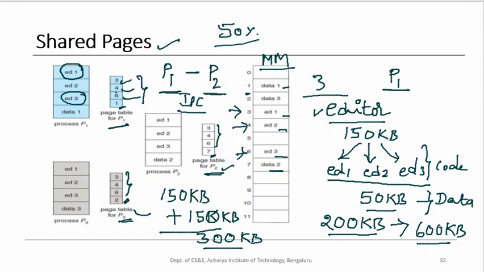The first method is the shared memory approach. In that case, both P1 and P2 share memory space, which is used for the communication. So this approach can be realized using the shared pages approach.